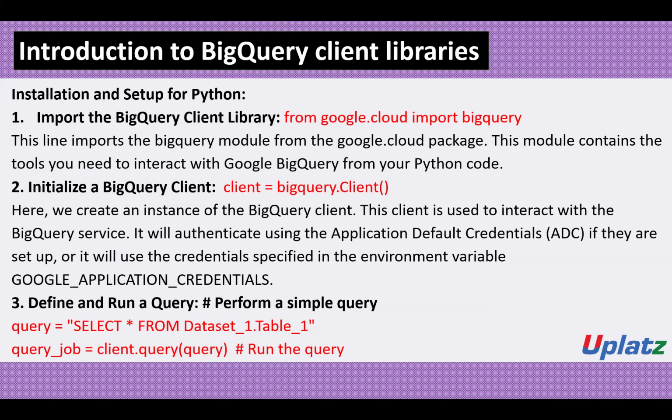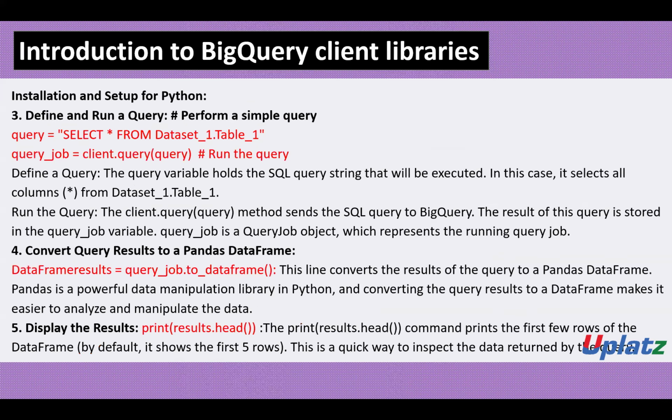Then there is query_job = client.query(query). What is this doing? The first line defines a query: the query variable holds the SQL query that will be executed. In this case, it will select all the columns, because we have specified star here, from table 1, which is present in dataset 1.